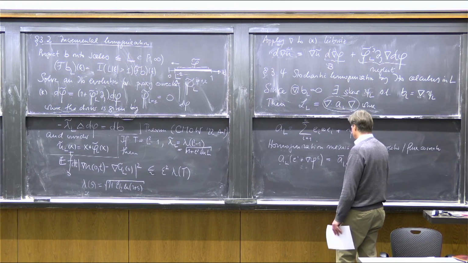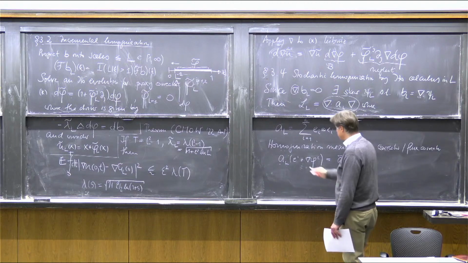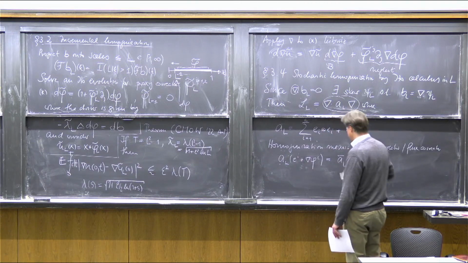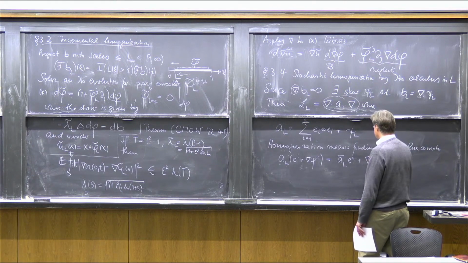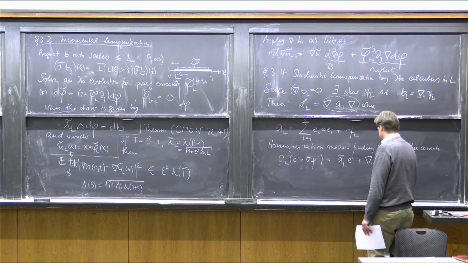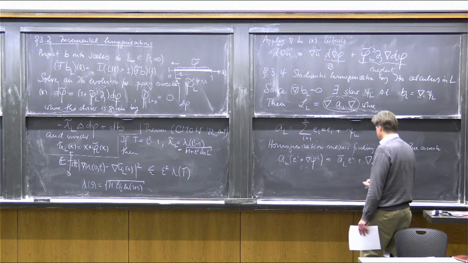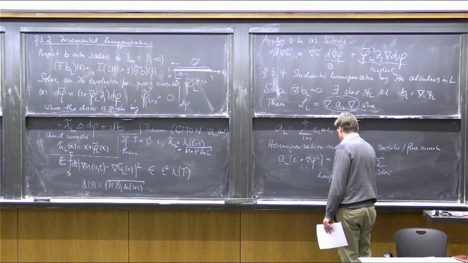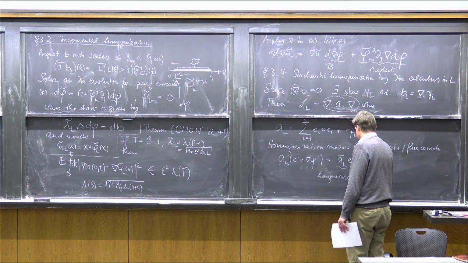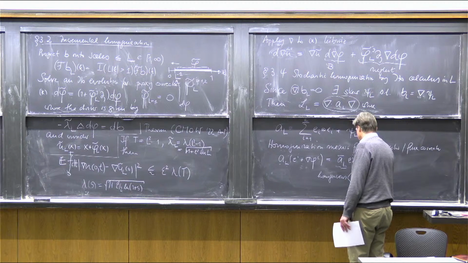Let me call it E bar, E^i. That's now a cotangent vector, so therefore I put the indices upstairs, plus, again, the exterior derivative of something skew. So this is skew. This is homogeneous, by which I mean it's both deterministic and constant.